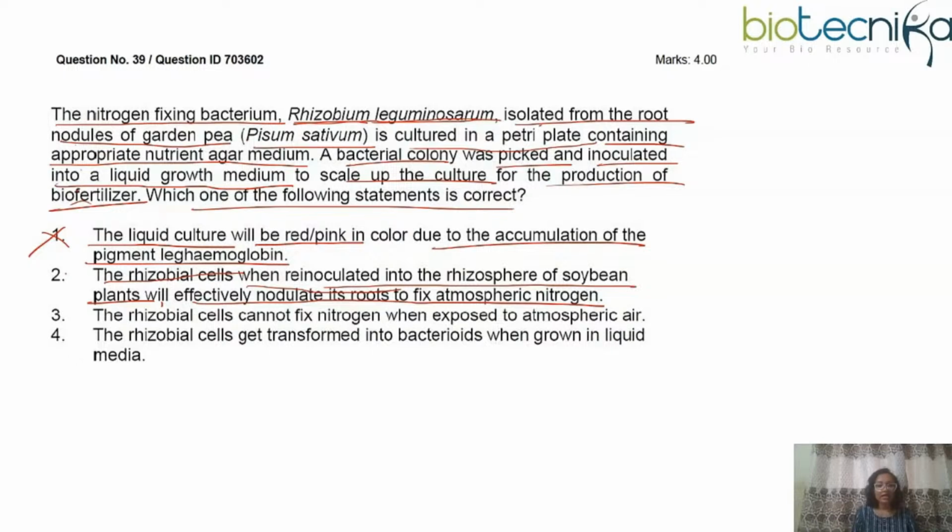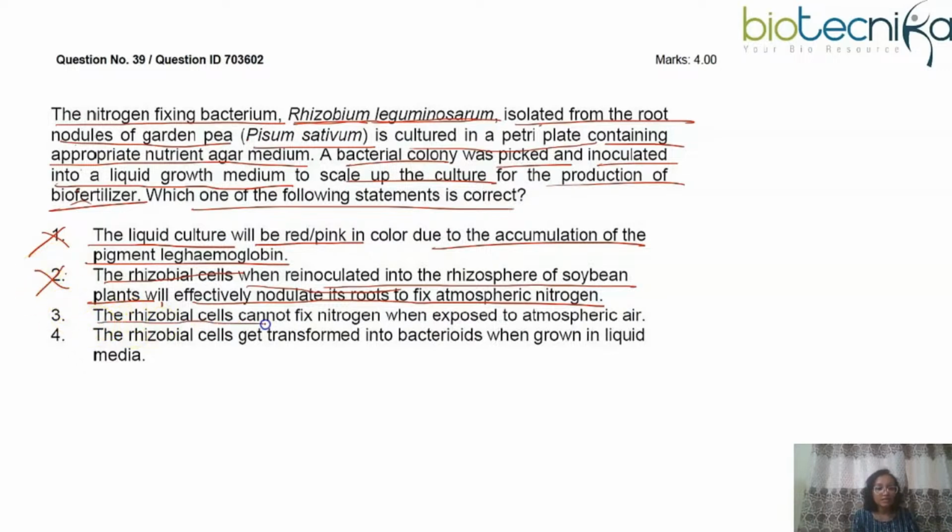Nitrogen fixing bacteria show high specificity for their host organism. Usually one species of nitrogen fixing bacterium will be specific for a particular host plant. Since this Rhizobium was taken from garden peas, Pisum sativum, it's very unlikely that they will easily colonize the roots of soybean because the host plant is different, and they show host specificity. So the second statement is also not correct.